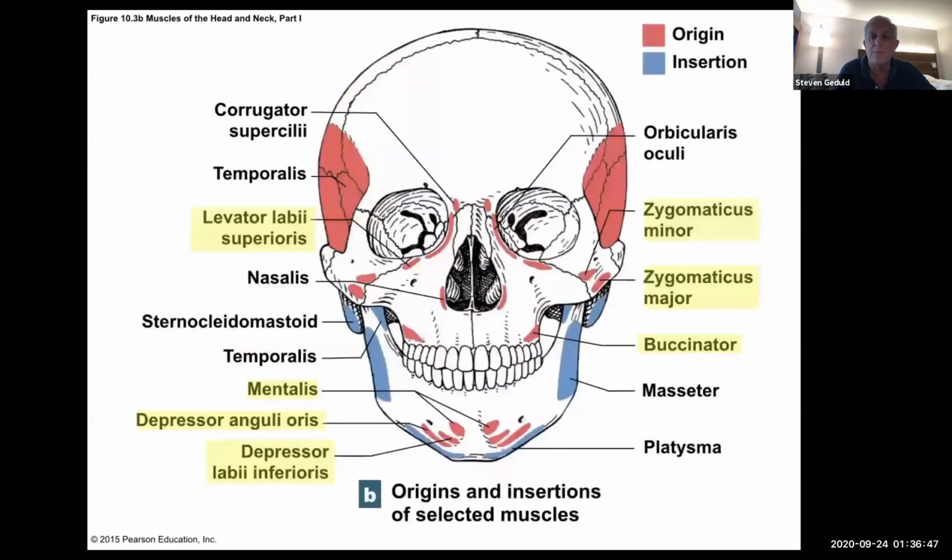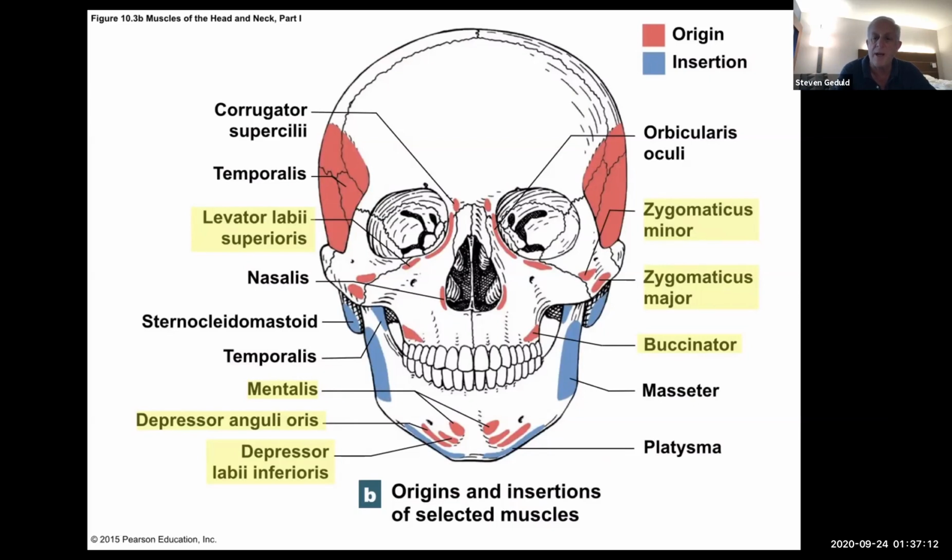These are some of the attachment points that you can see. The levator labii superioris, you can see where it attaches up below the inferior border of the eye socket. Okay, you got your origins and you got your insertions. The origins are red, insertions are in blue. You can see where the mentalis muscle originates from, the tip of the chin. The depressor anguli and depressor labii inferioris, how they all attach to the chin.